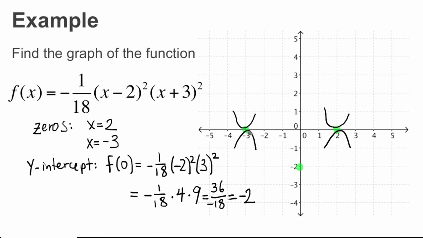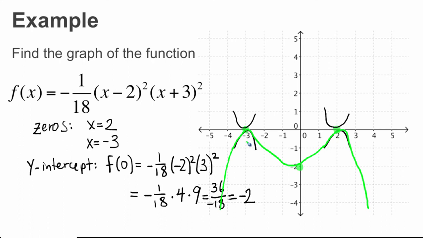And now we have enough information to fill in the gaps. We know that each of these is going to be a downward U shape at each of these zeros because they have to connect with our y-intercept at -2. So we know it's the downward U there and the downward U there, and then from there it continues downward.